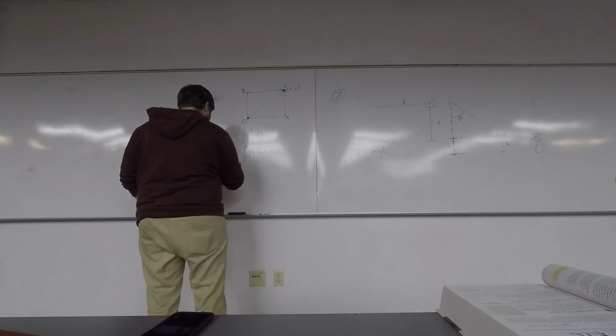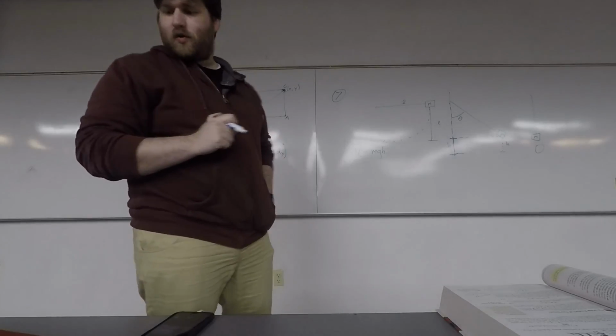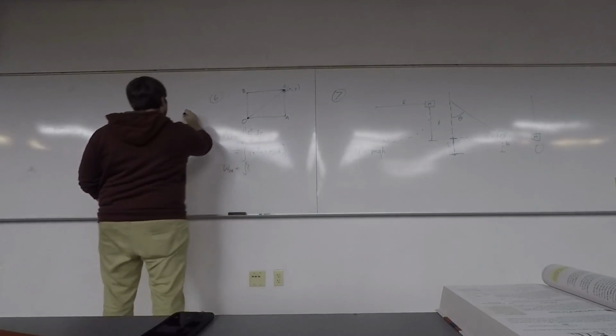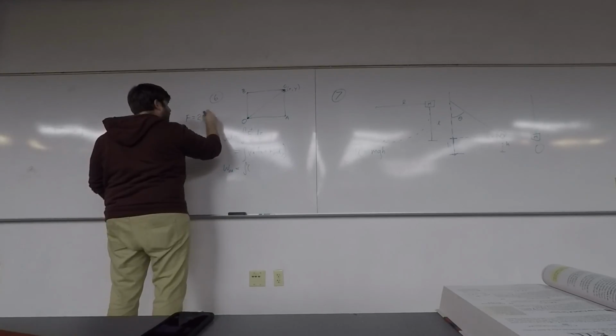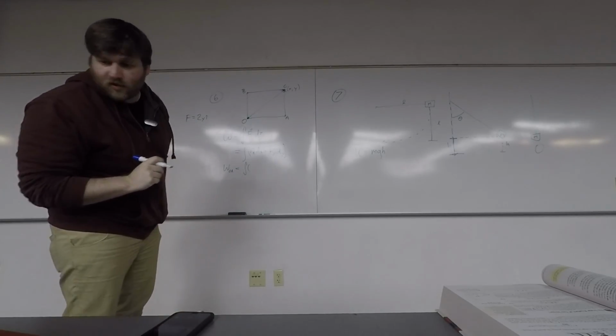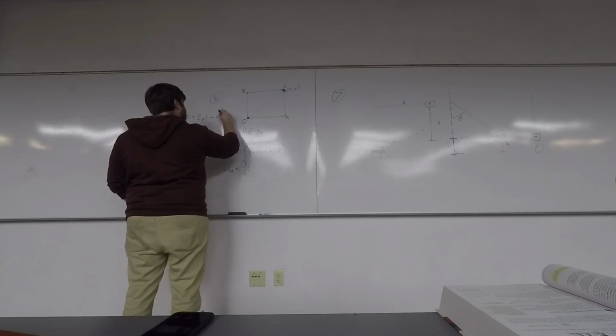We're going to make work from O to A equal to the integral. It should be the same for everyone. The force equation is 2y i hat plus x squared j hat.